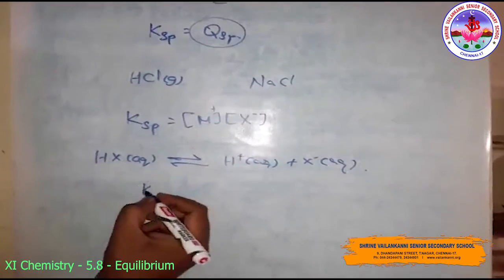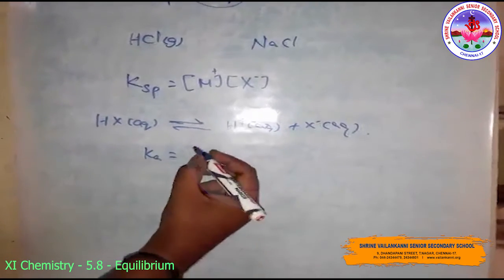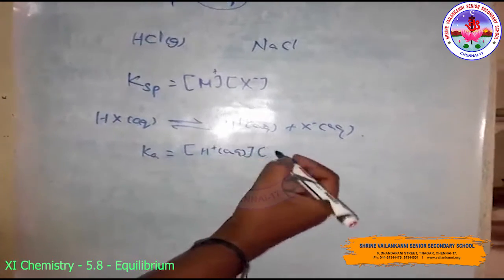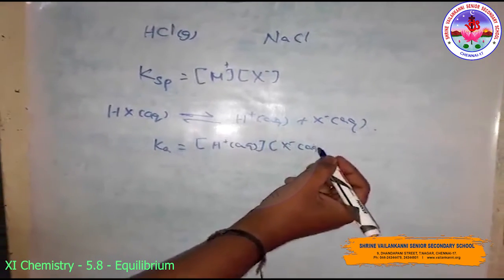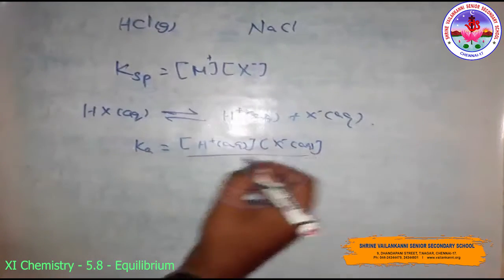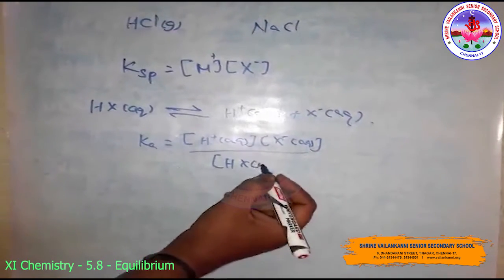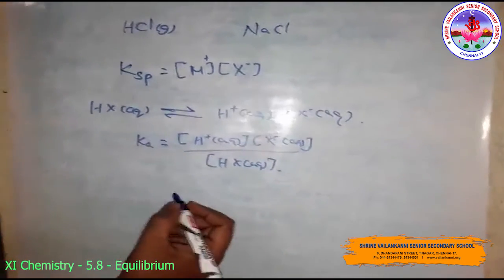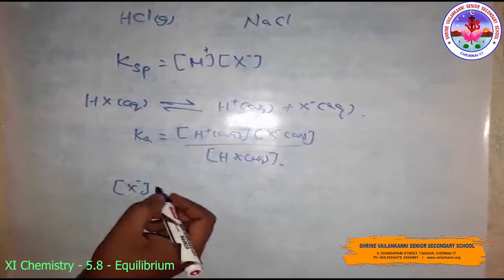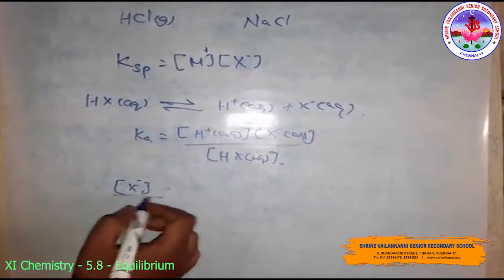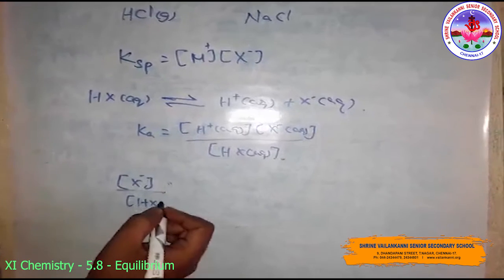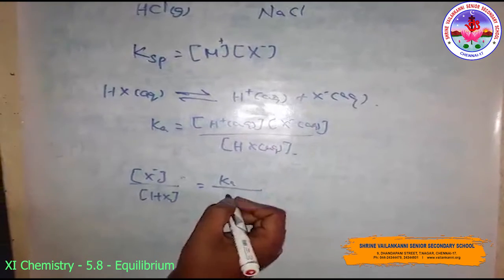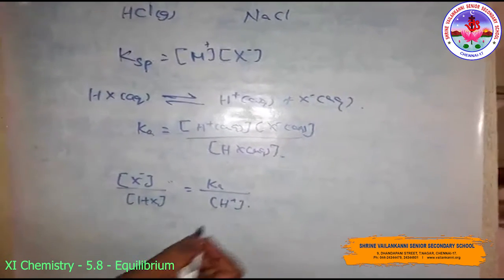So the equilibrium constant for the acid is the concentration of H+ into the concentration of X- divided by the concentration of HX. On rearranging this, you will get the concentration of X- divided by the concentration of HX is equal to Ka divided by the concentration of H+.